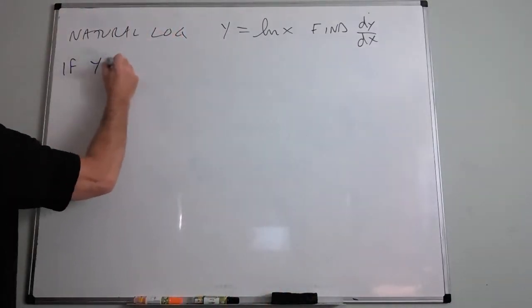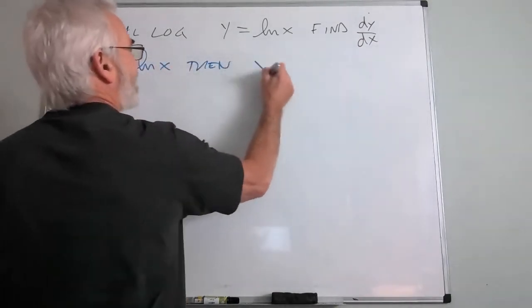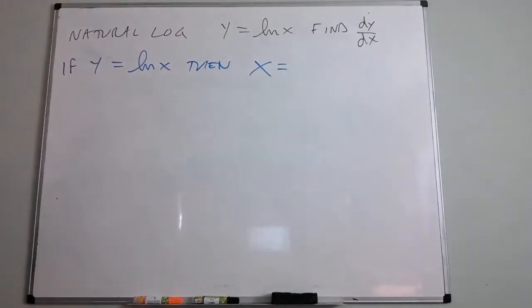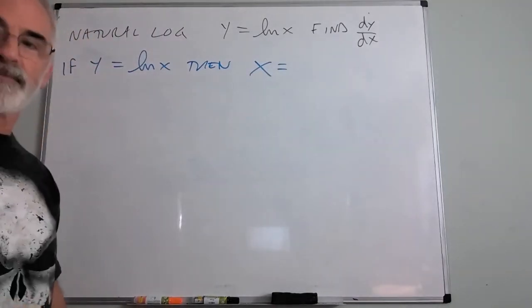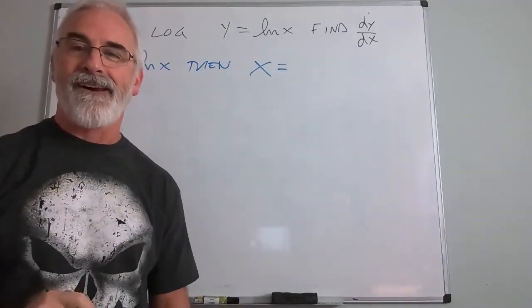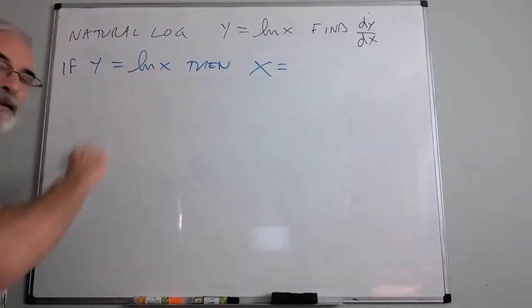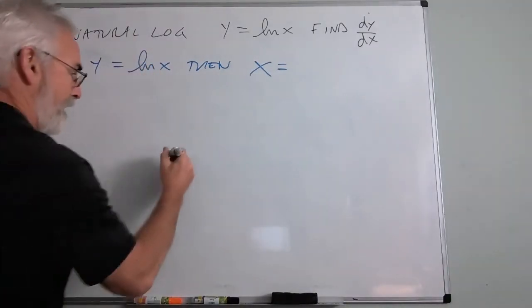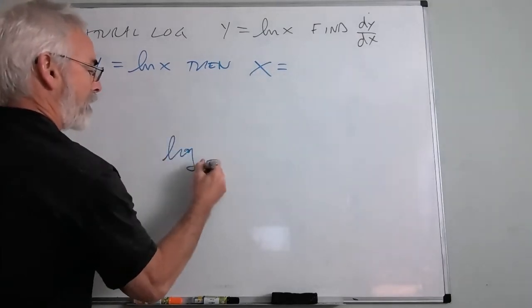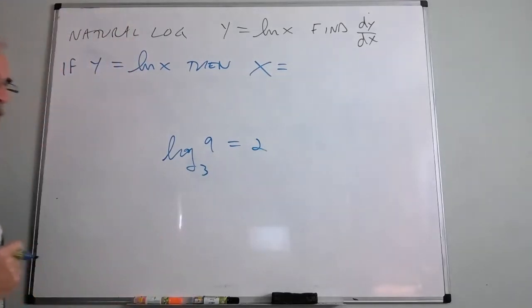If y equals the natural log of x, then what does x equal? Anybody want to try that? If y is the natural log of x, then what does x have to equal? So I'm working backwards. If it helps you think this is log base e, I'll give you a little hint. If I said log base 3 of 9 equals 2, that's a true statement.